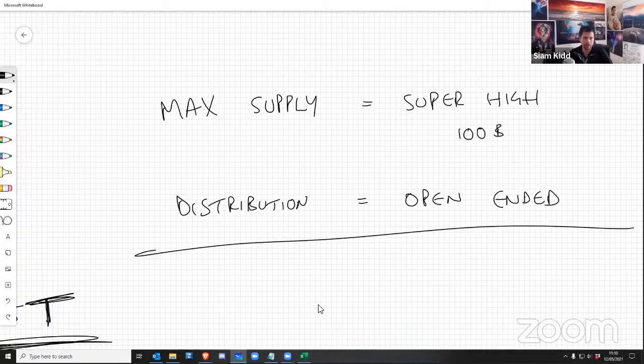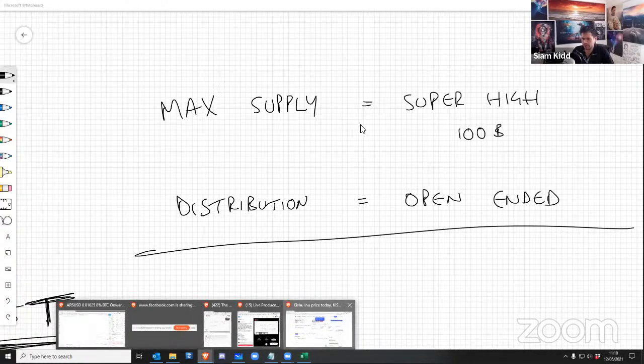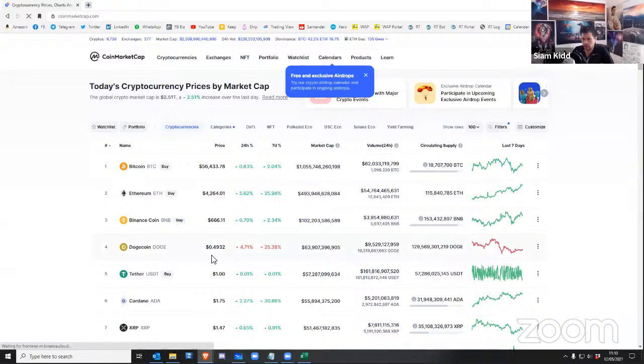So that's why I know Doge has had a good run, but I'm not interested in getting into Doge because, if you put it this way, Doge is, I don't know, call it 50 cents at a $64 billion market cap. In order for Doge to get to $1, another $64 billion has to flow into Doge. And I think most people that have already bought Doge are already in it.